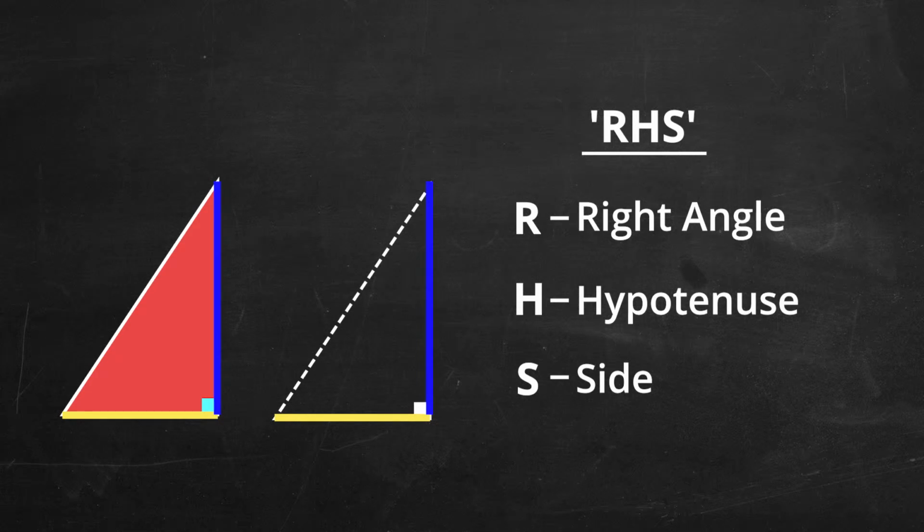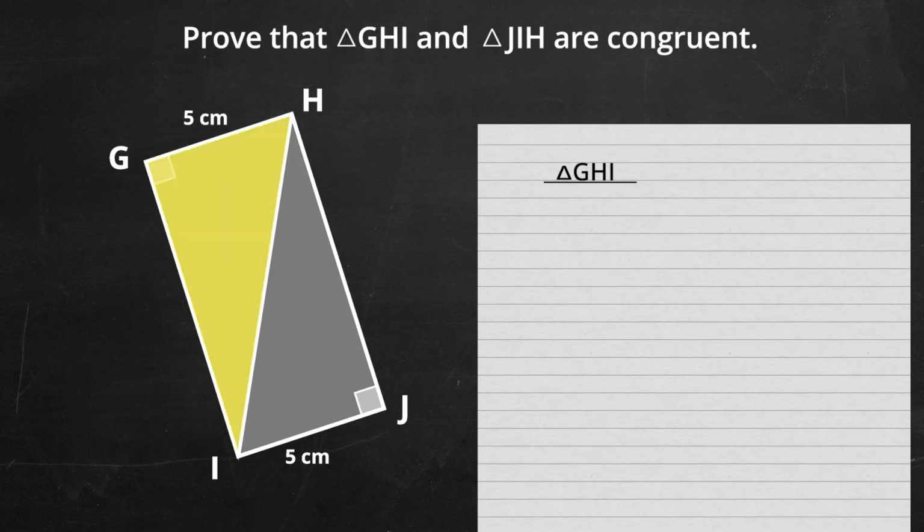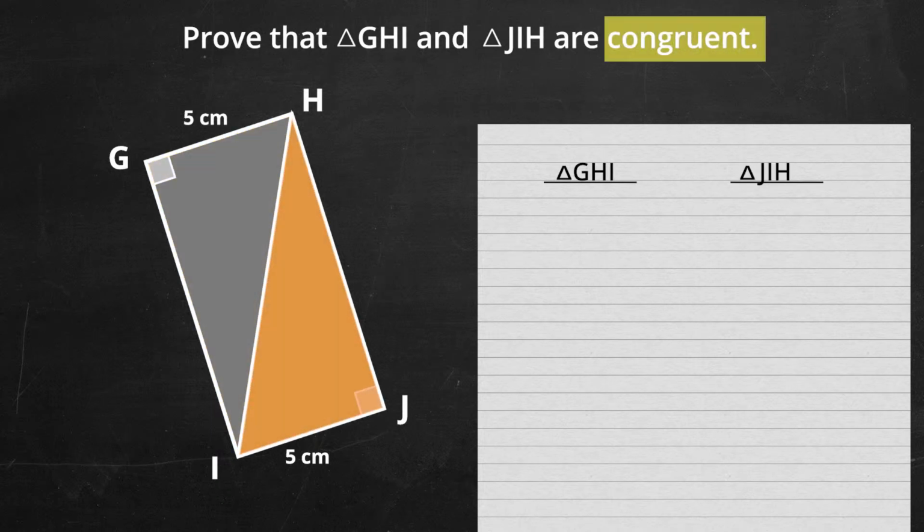Now, let's see how we can use the RHS congruence test to prove that two triangles are congruent. In this problem, we want to prove that triangle GHI and JIH are congruent. Remember, this means we need to identify a set of properties to explain why the two triangles have exactly the same shape and size.